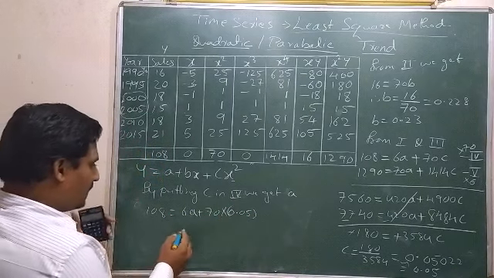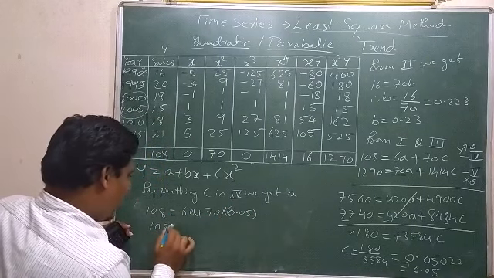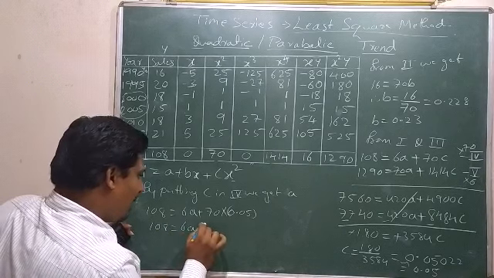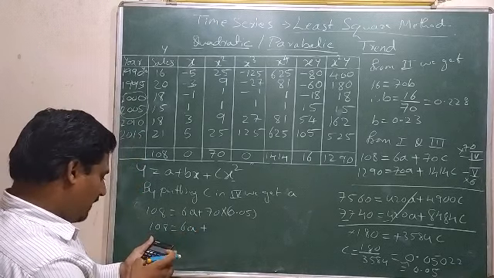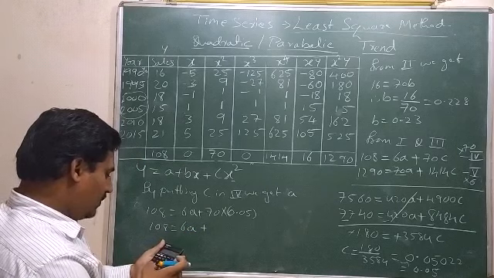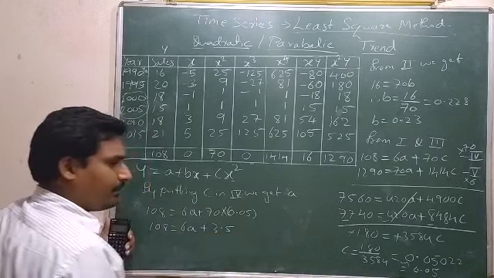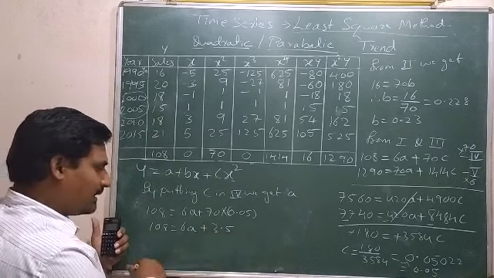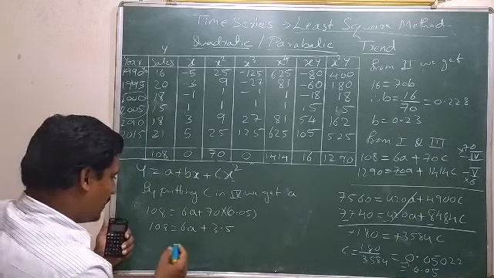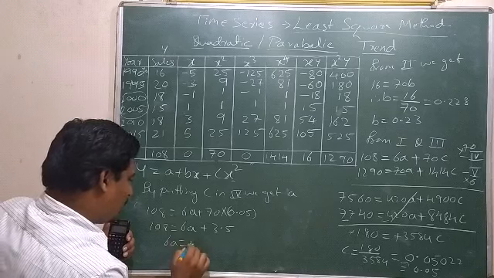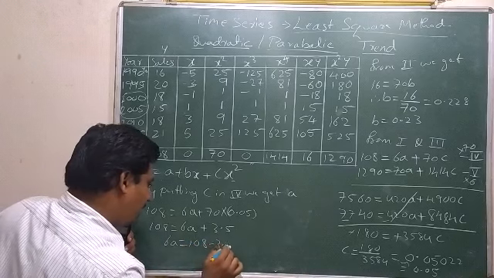So it becomes 108 is equal to 6A plus 70 into 0.05, which is 3.5. So when we send this to the opposite side, it becomes 6A is equal to 108 minus 3.5.